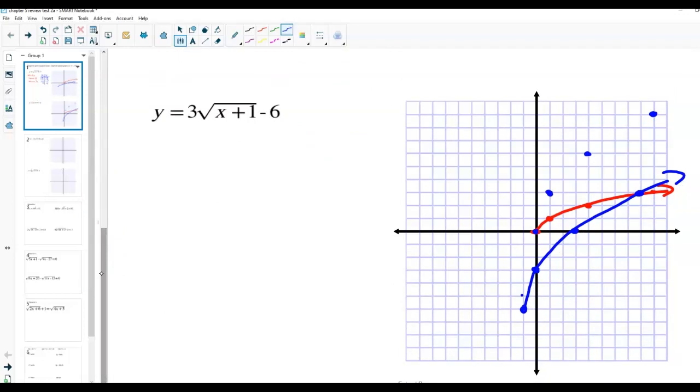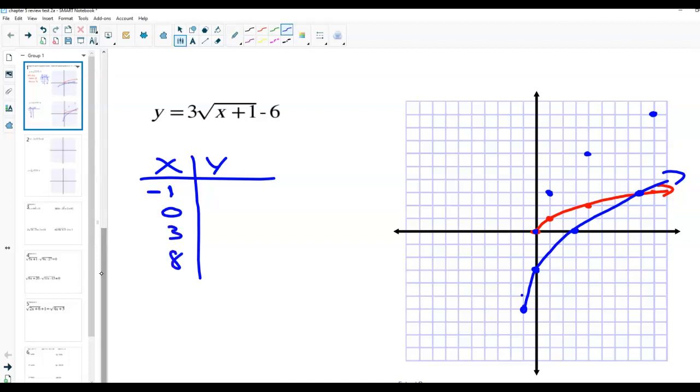If I wanted to check my work, you can plug a point in, like (8, 3). 8 plus 1 is 9, the square root of 9 is 3, 3 times 3 is 9, and 9 minus 6 is 3. If you want to do the chart, whatever makes the radical equal to 0 is what we start with. -1, 0, 3, and 8.